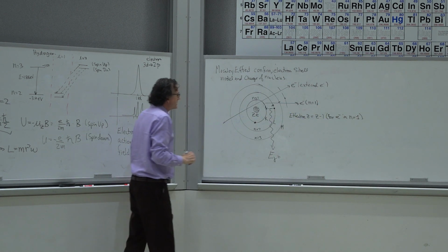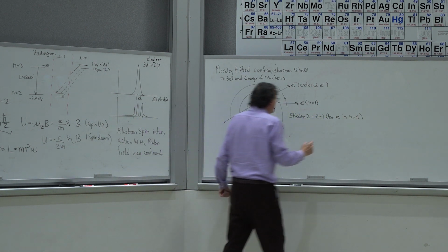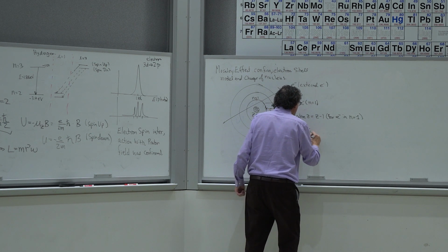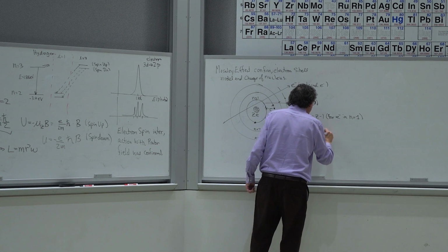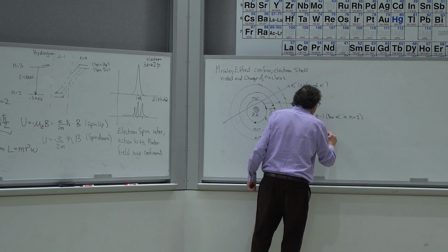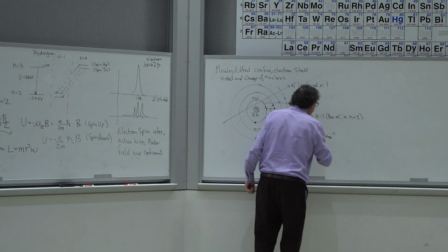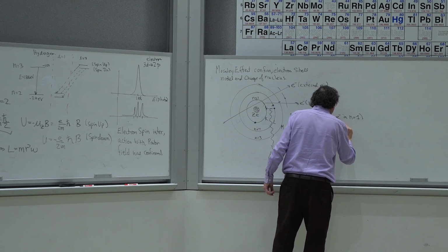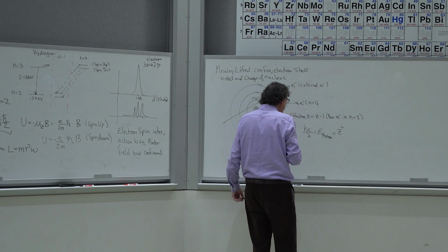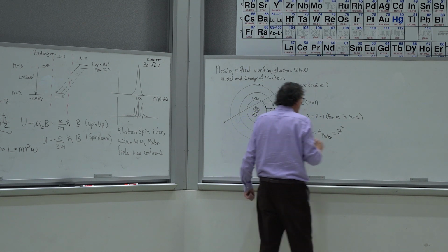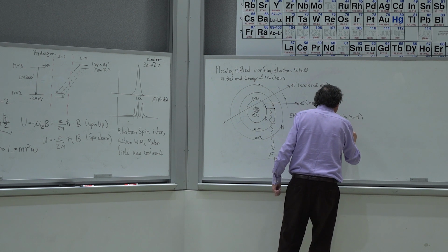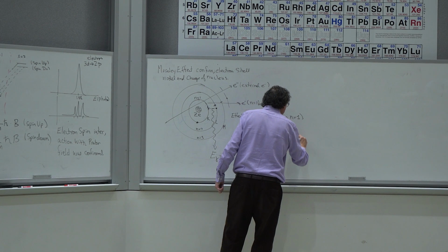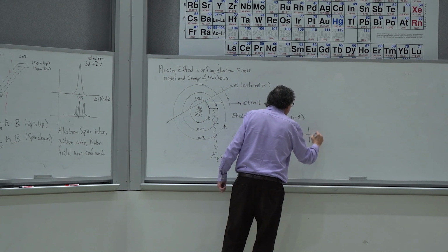So now you remember from the energy formula that hc over lambda, which is the photon energy, is equal to the difference in the transitions between different orbitals. So this becomes Z squared times the Rydberg constant times 1 over 2 squared minus 1 over 1 squared.